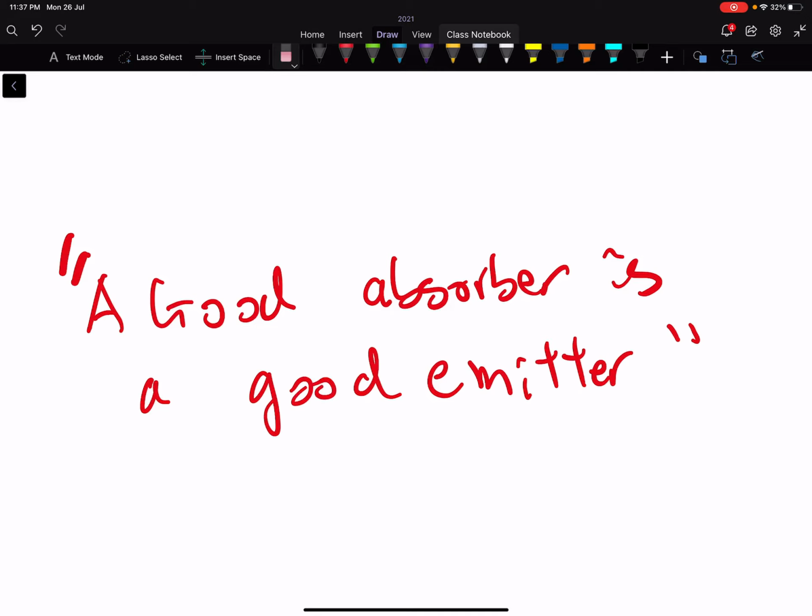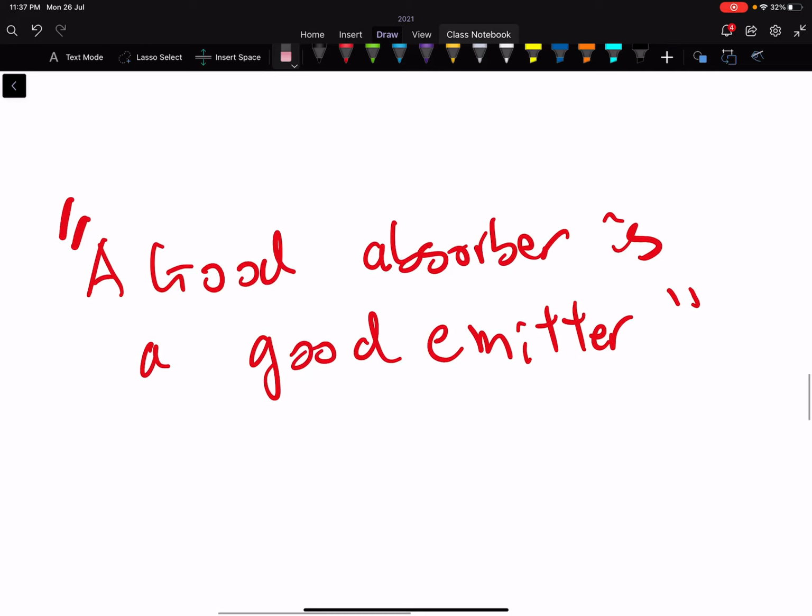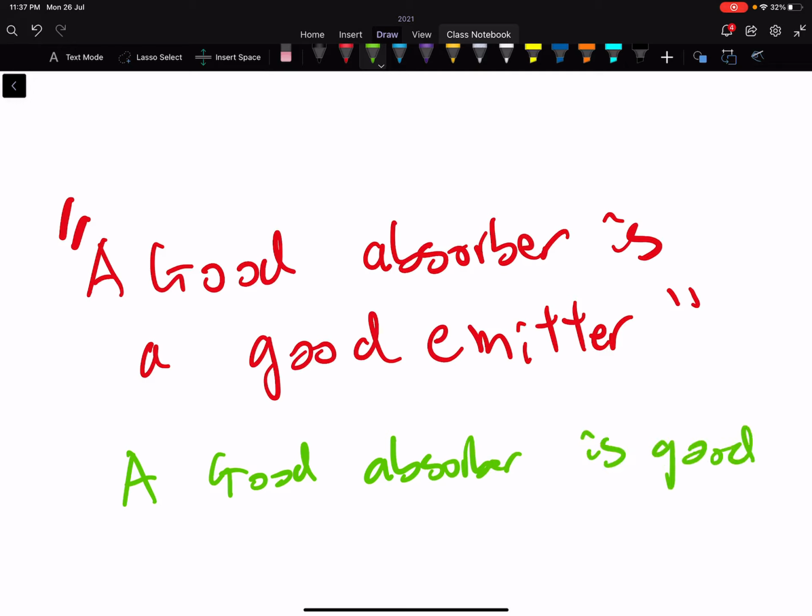A good absorber is good at radiating heat.